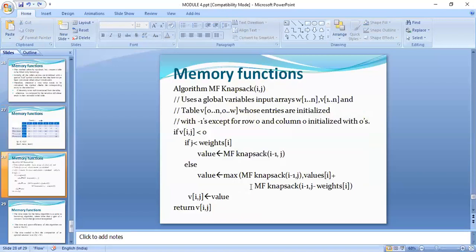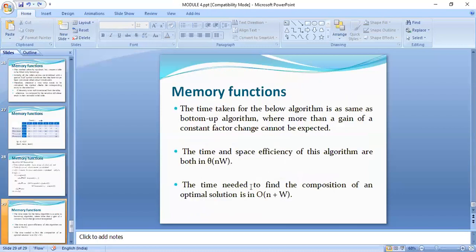Here you are given an algorithm for finding the best solution. The time taken by the algorithm is the same as what we have seen for the bottom-up approach. The time and space efficiency for this algorithm is n into w.